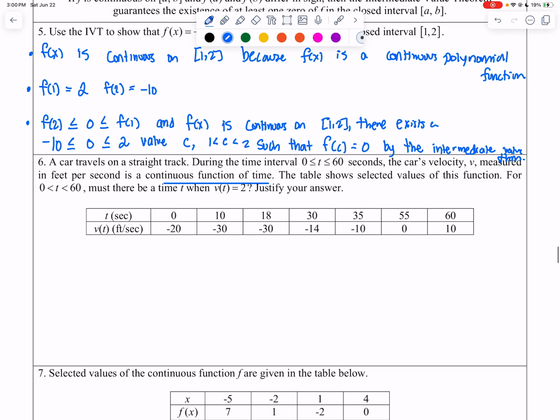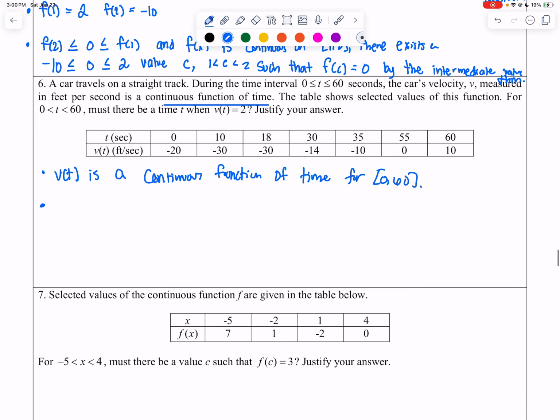So here, we already know that v of t is a continuous function of time for 0 to 60. Then we're going to look at 0. That's going to be negative 20.